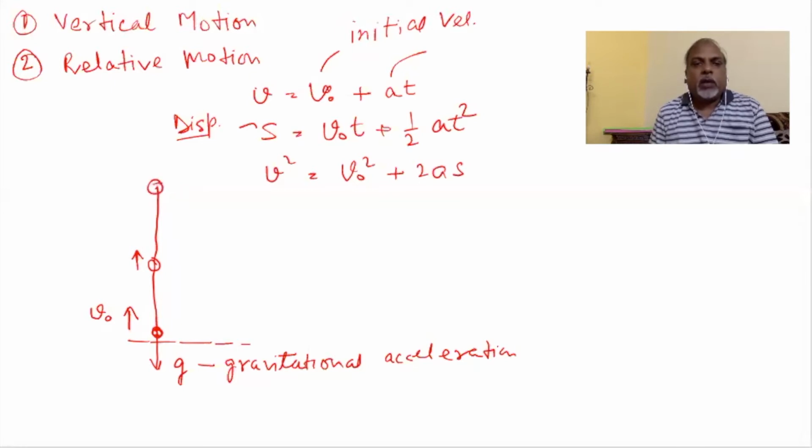Ultimately, the velocity will become 0. But at this point, though the velocity is 0, gravitational acceleration will still act upon it, and due to that, it will come down.